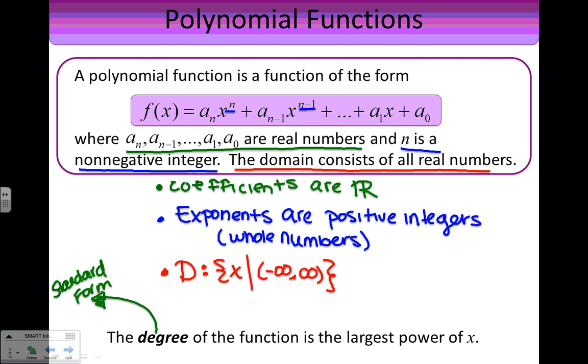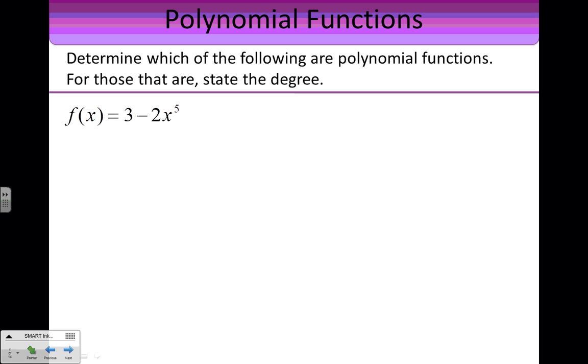So let's look at a couple of different equations and determine which ones are polynomial functions and which ones are not. If they are a polynomial, then we want to state the degree. So right here we have 3 minus 2x to the 5th. So we have to go through our 3 criteria to make sure that this is a polynomial. 1, are the coefficients real numbers?